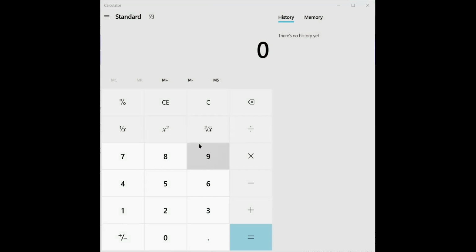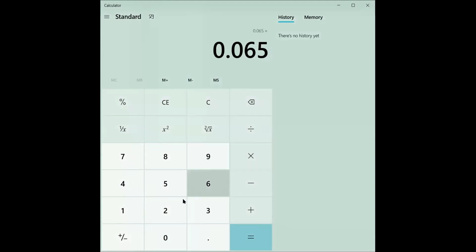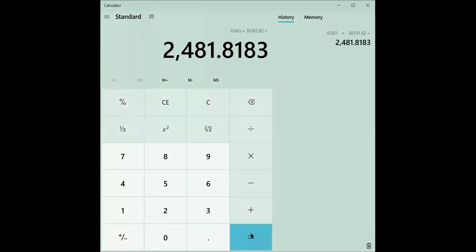We had 0.065 times 38,181.82. That gives you 2,481.8. So you go to your computation.